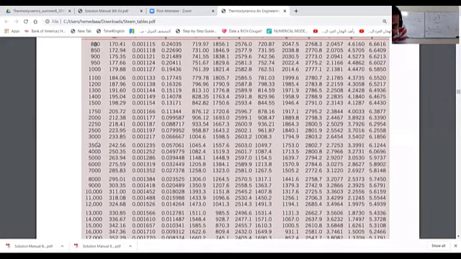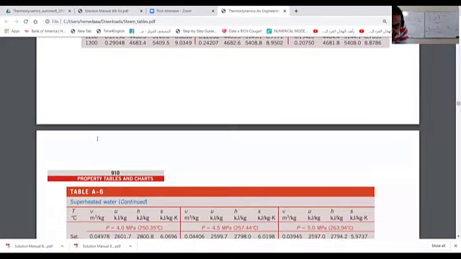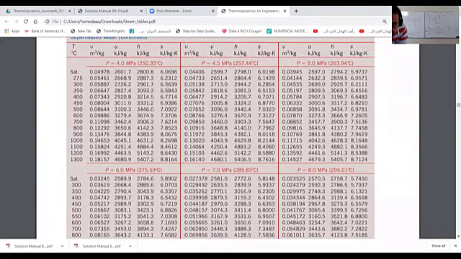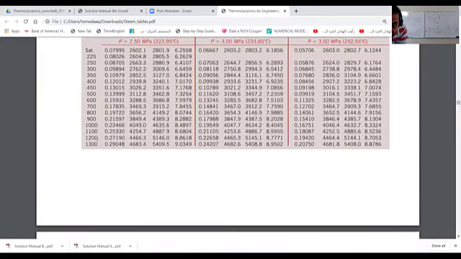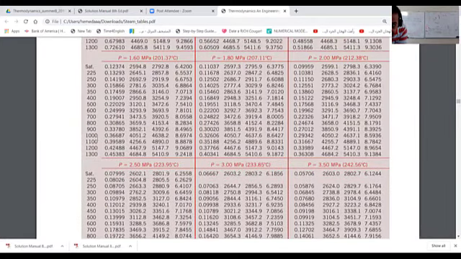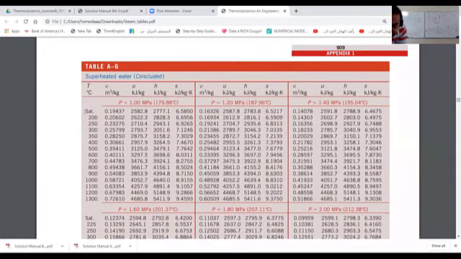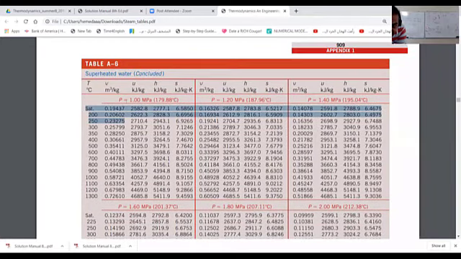I can repeat it many times, no problem at all. Table A6 here. Can you see this, guys? This is table A6 at 1 megapascal.